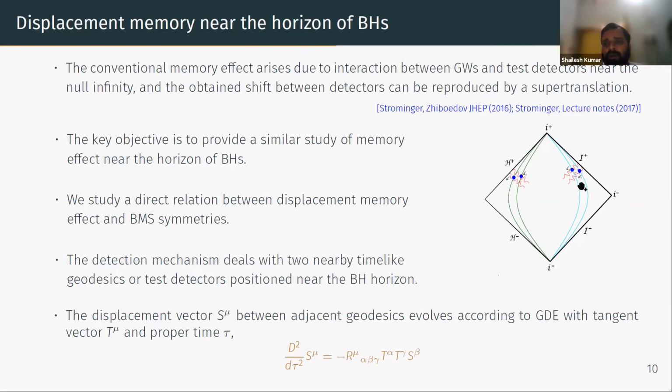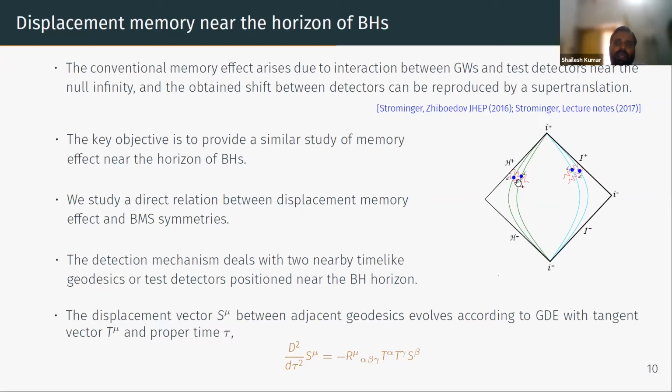This study is well known and has been extensively studied by Strominger and Zhiboedov from a theoretical point of view, of course. Our goal is to provide a similar study of the memory effect near the horizon of a black hole. Here we have placed two test detectors near the horizon of the black hole, and they will be interacting with the gravitational waves near the horizon.